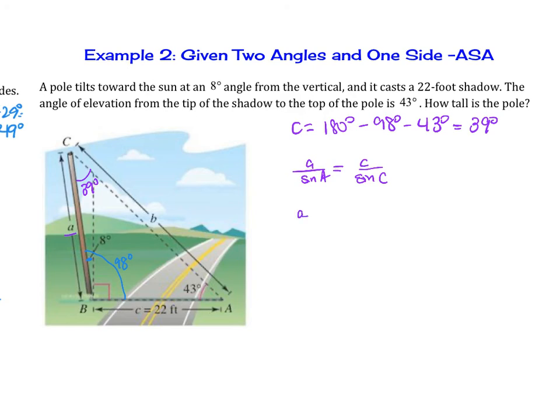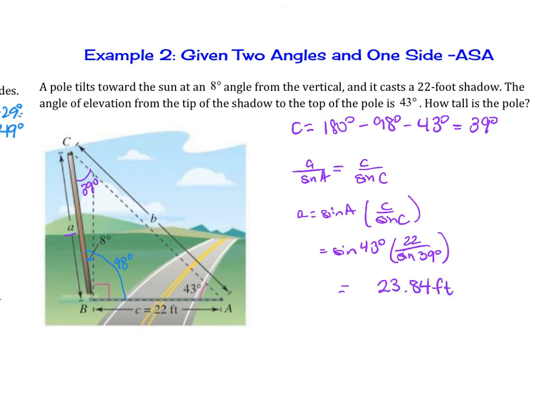So a equals sine of A times c over sine of C. So sine of 43 degrees times c, which is 22, over sine of 39 degrees. Then you plug that in your calculator, and you will find that it is 23.84 feet.